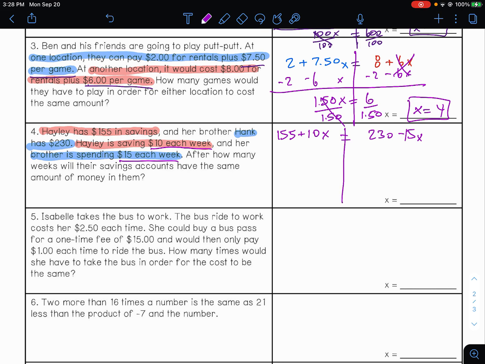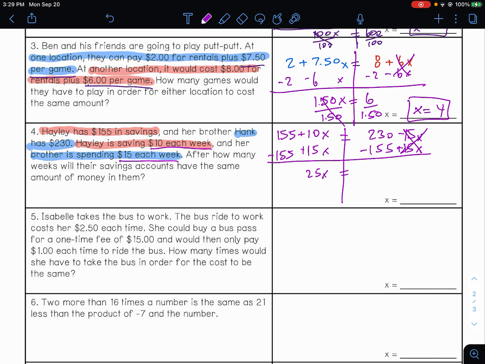All right, let's solve this. Get the variables on one side. I could either subtract 10x or add 15x. I'm going to add 15x. I'd rather do that. That cancels. I'm left with 25x. And I know I have to get rid of the 155, and it's being added, so I need to subtract it. 230 minus 155.